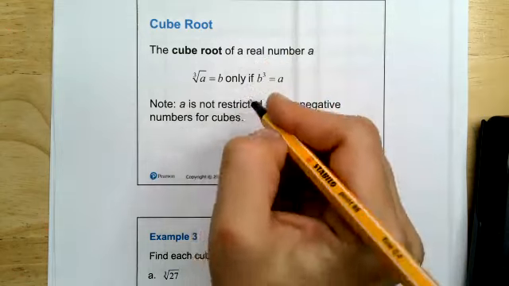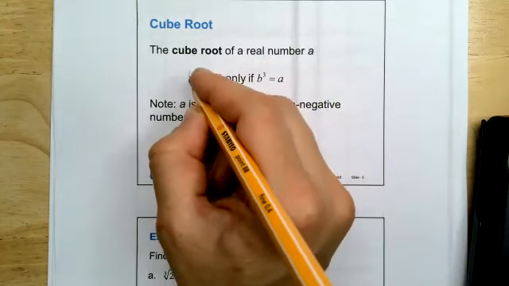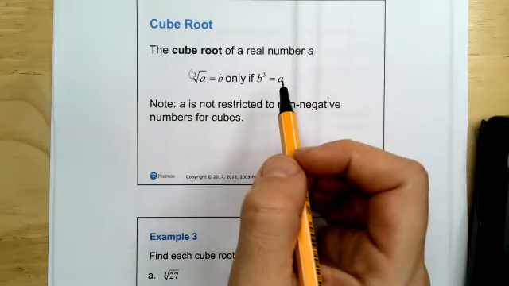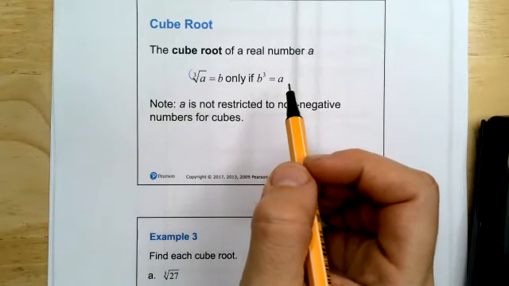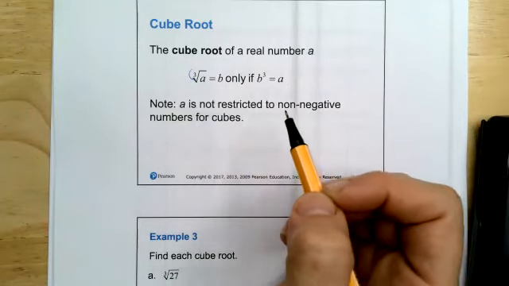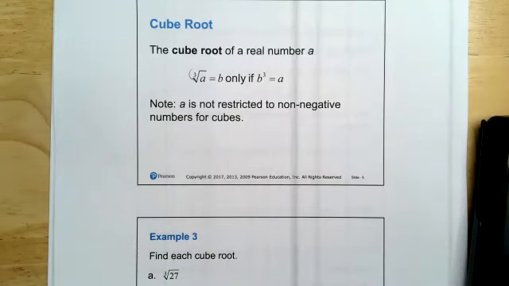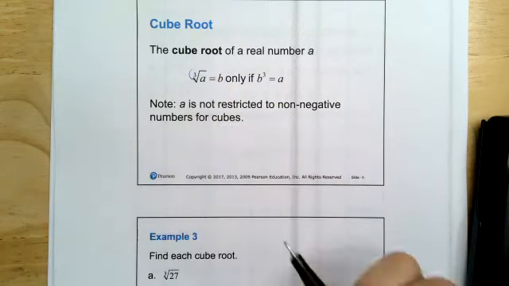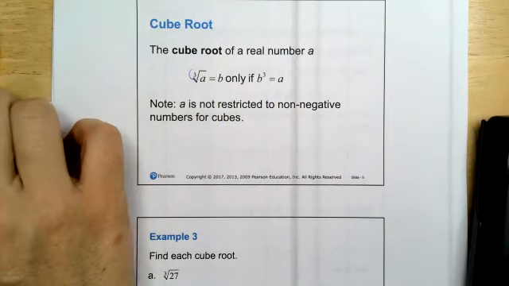However, the odd radical of a negative number is possible.